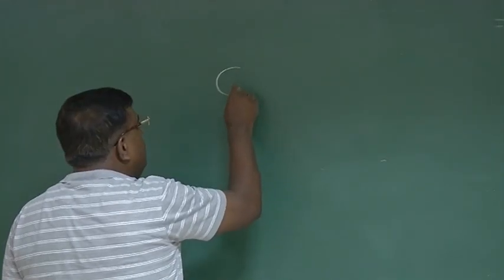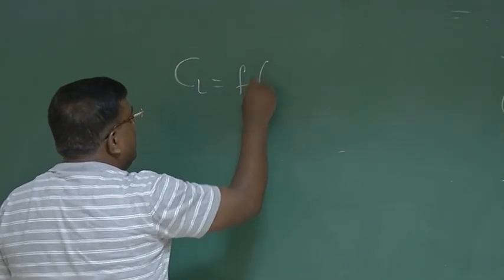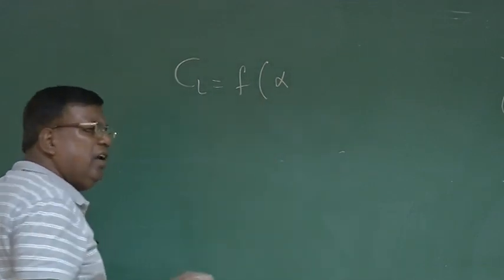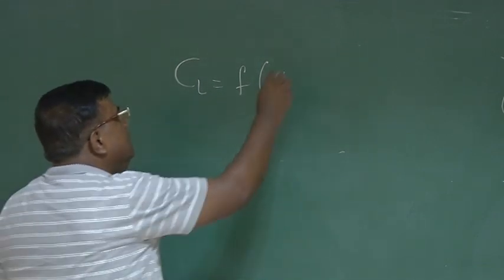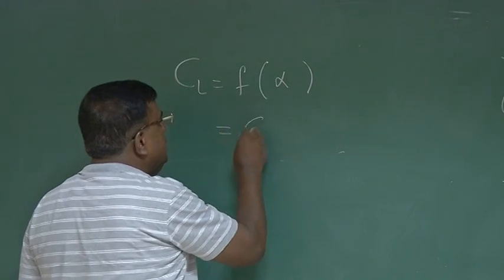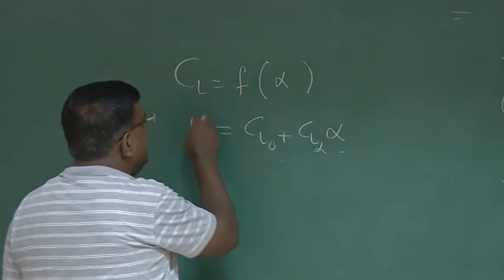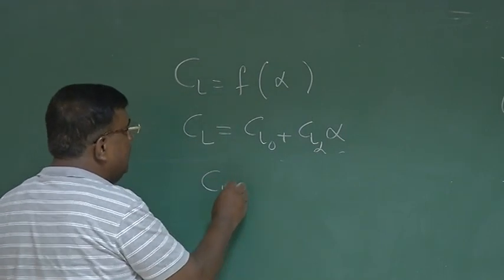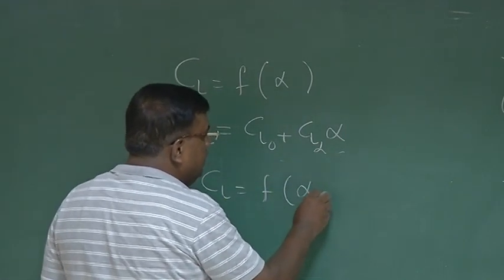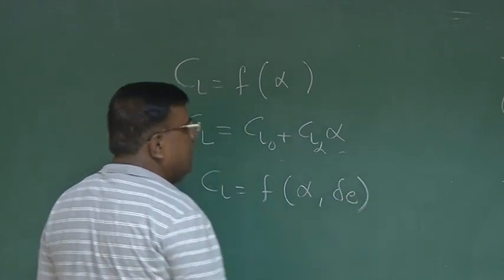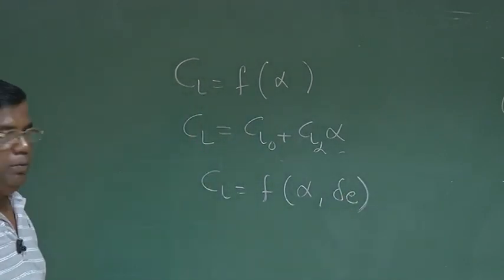Let us see, so far we are talking about CL as a function of alpha for a given Mach number, etc. So we wrote CL as CL naught plus CL alpha into alpha, right? Now CL is not only a function of alpha, it is also a function of delta E. Do you agree with me or not?